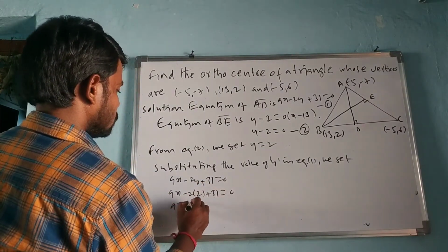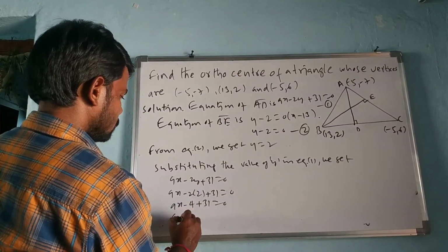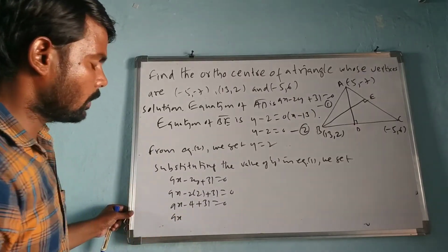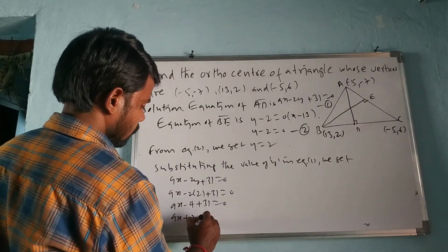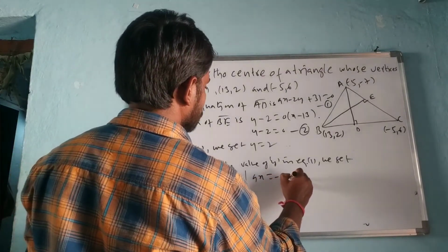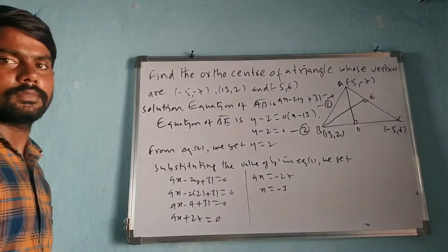So 9x minus 4 plus 31 is equal to 0. 31 minus 4 is 27, so 9x plus 27 is equal to 0. Then 9x is equal to minus 27, so x is equal to minus 3.